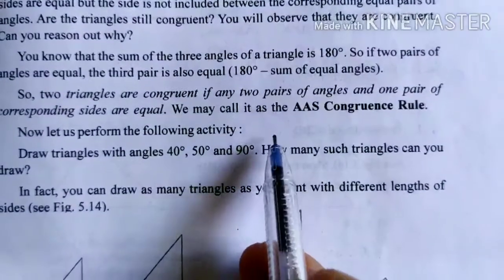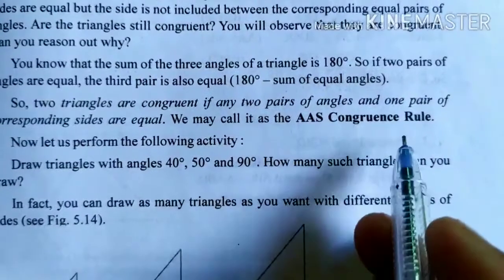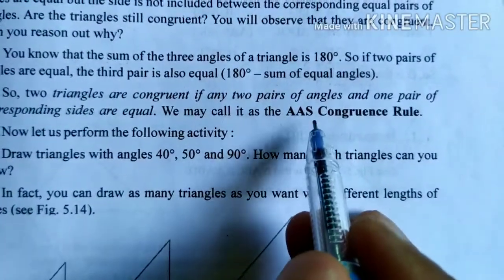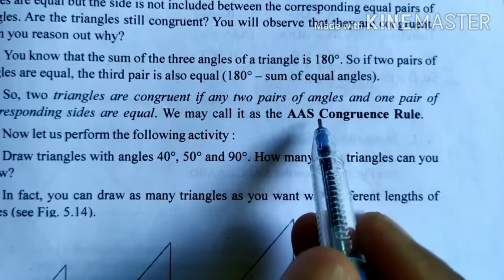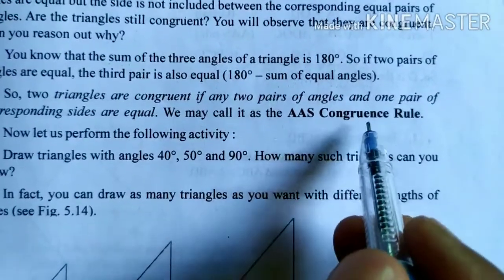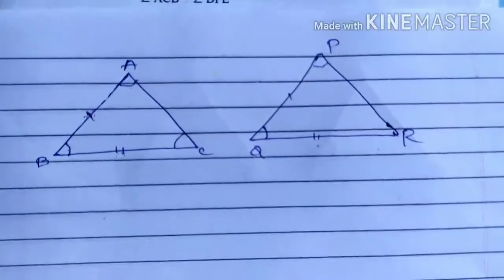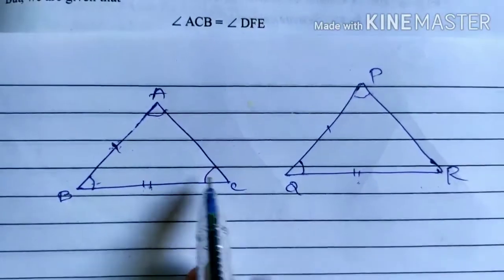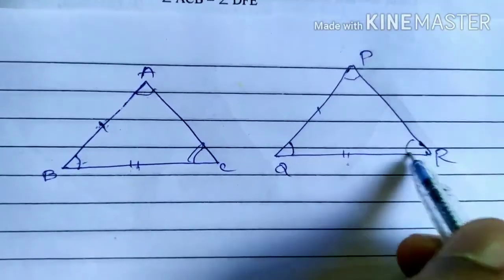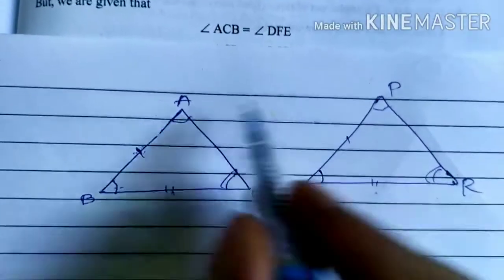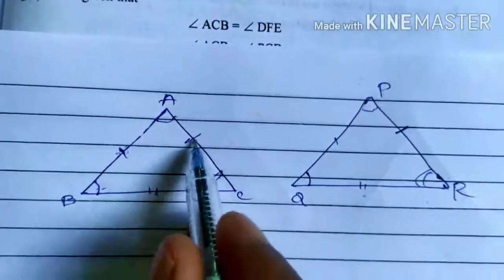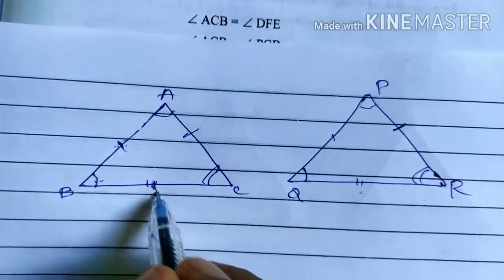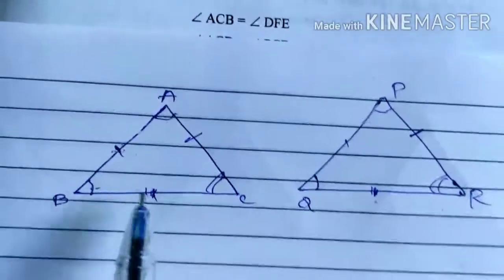Also you should know that this ASA congruence also holds good if we consider AAS, that is angle, angle, side, where the side need not be included. In that case also we can say that they are congruent to each other. If these two angles are equal, and then this side, not included to these two angles, since the included side is this one, so we will not consider this side.